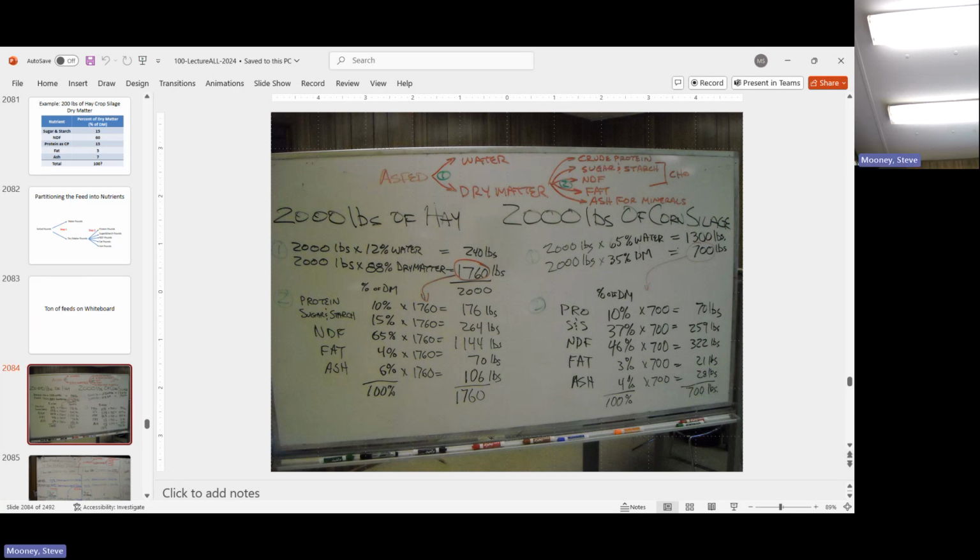Same fractions again: protein, starch and sugar, NDF, fat, ash.